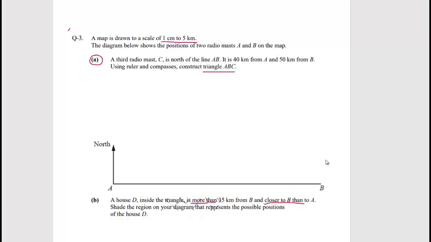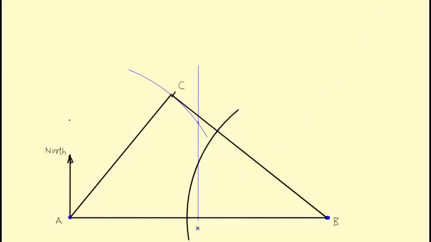And this house is closer to B than A. So the locus which is equidistant from B and A is the perpendicular bisector. If somebody is on this perpendicular bisector, its distance from A and B will be equal.